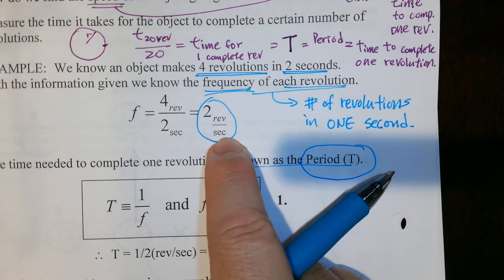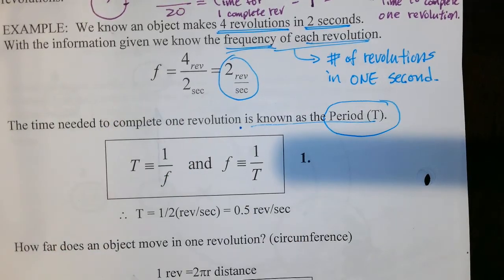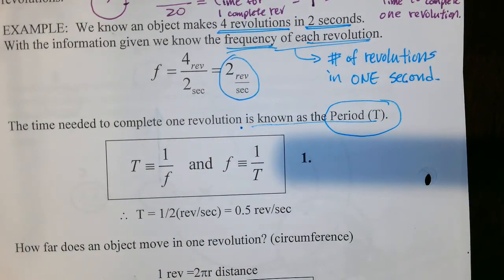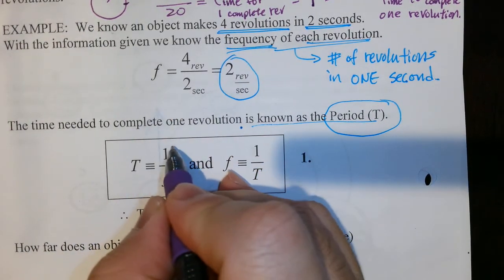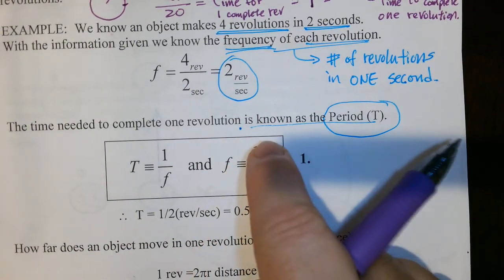So period and frequency are reciprocals of each other. The period is 1 over frequency, and frequency is 1 over period.